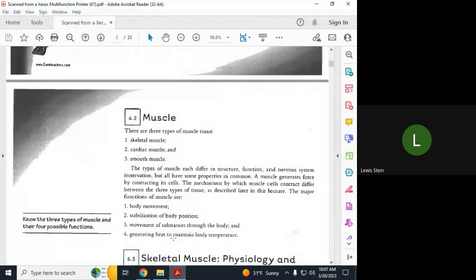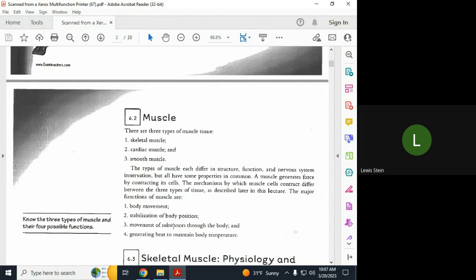So the 3 types of muscle: skeletal, cardiac, and smooth. You probably have to know nuggets of each. I think the skeletal certainly predominates. The first thing that you look at with regard to those is involuntary and voluntary.